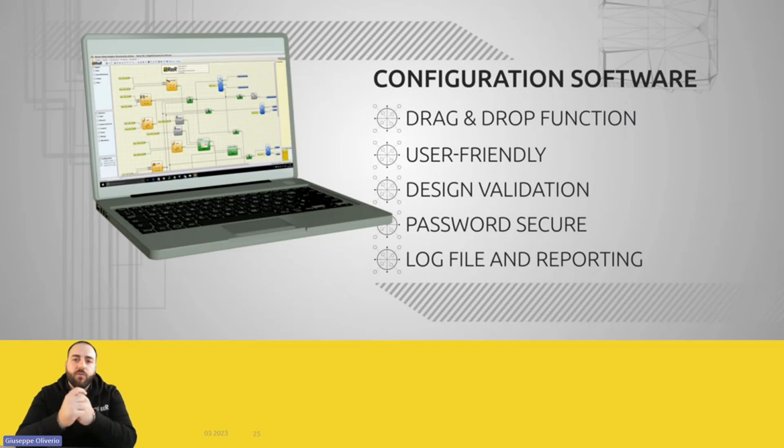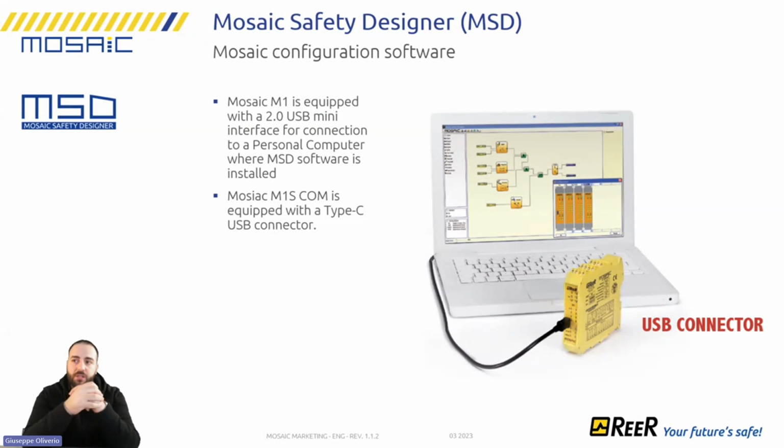We are also able to provide the log file and reporting. We have two different types of log file. The first is the failure log file. So every time the module, the main unit, or some expansions goes into failure, we record this failure and the failure code, or the number of times that you download something. How to do this?